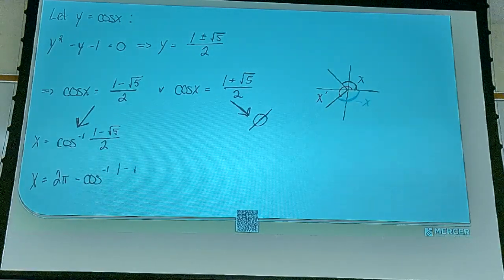Because 2 pi is a full revolution, 360, right? So that should be the solution. And negative inverse cosine of 1 minus the root 5 over 2, that's x. Yes. Inverse cosine.